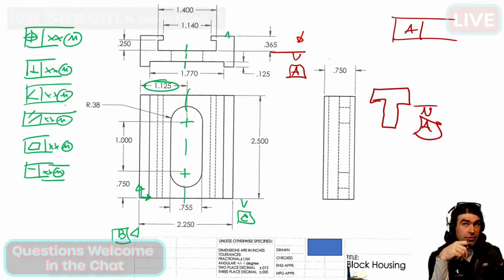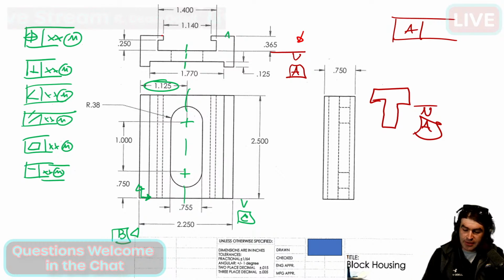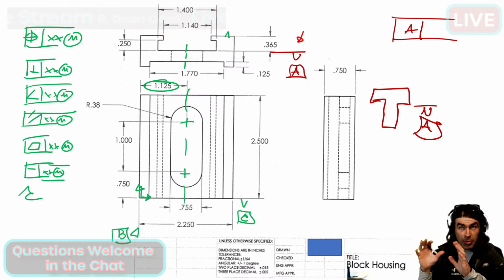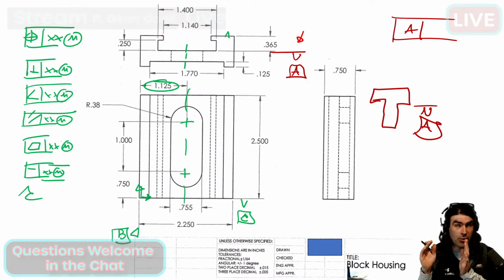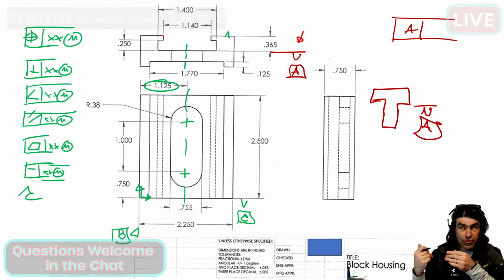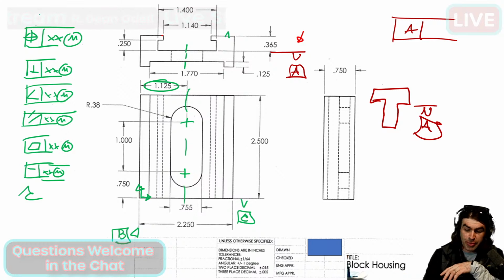It has to be a feature of size, right? So instead of looking at the symbol, I would look at the feature itself. Is it a feature of size? And almost always a feature of size is either a width or a diameter. If that's the feature, you're going to be controlling its position, right?